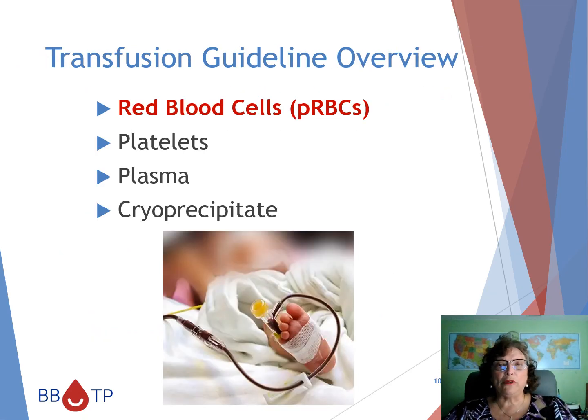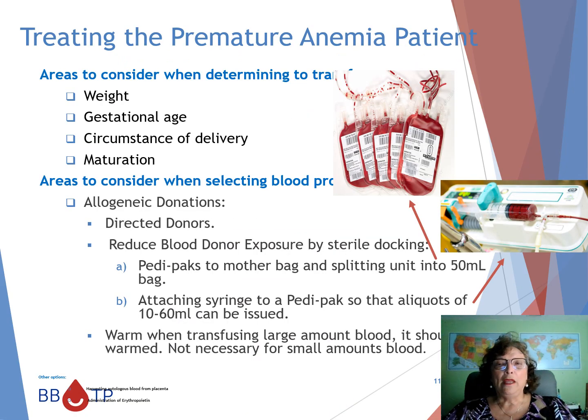So one of the first ones that we're going to talk about with regards to transfusion guidelines is for red cells. And so the first thing that we need to look at is, how do we treat the premature anemic patient? And one of the things we have to consider is the weight, the gestational age, the circumstances of the delivery, and the maturation of the infant.